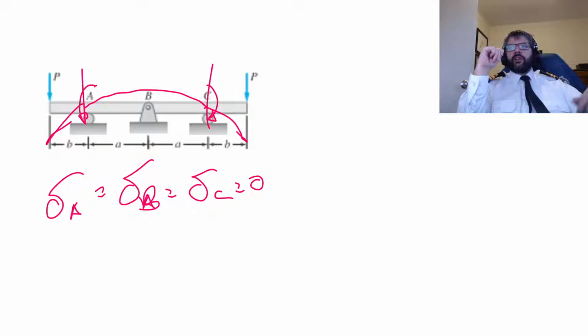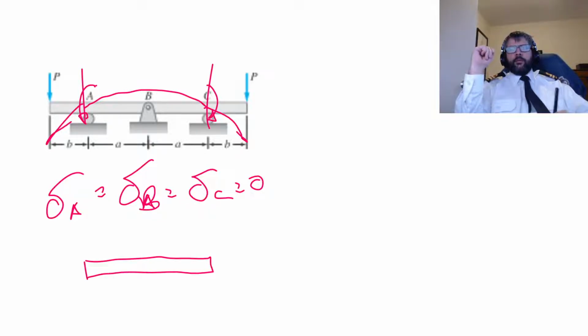So essentially, what we can do is just replace that with a setup where we've got P, B, the moment is equal to P times B.